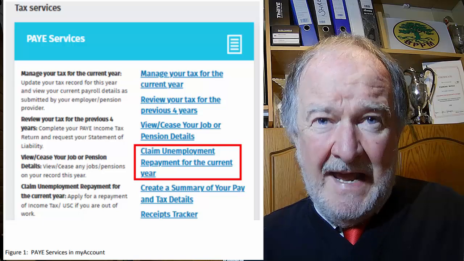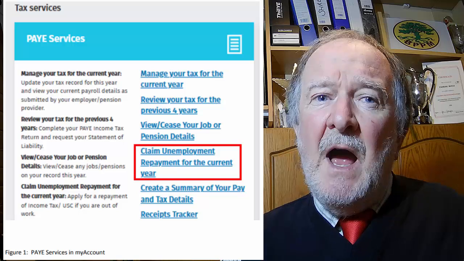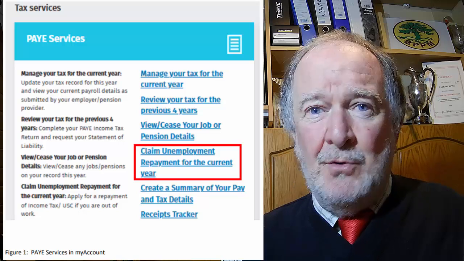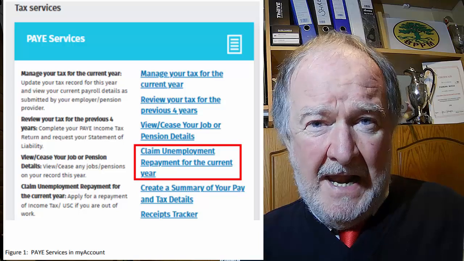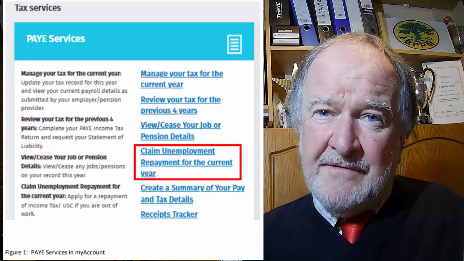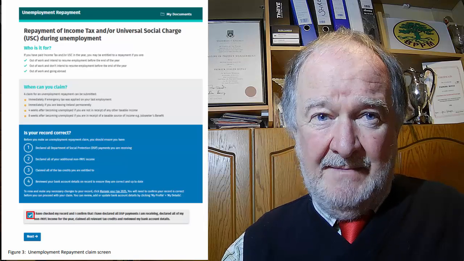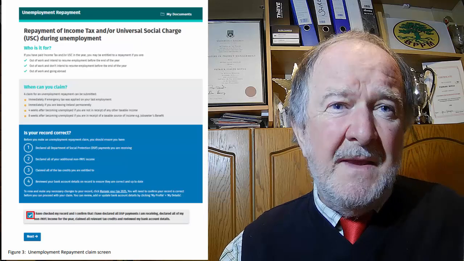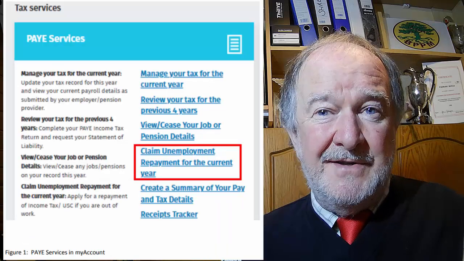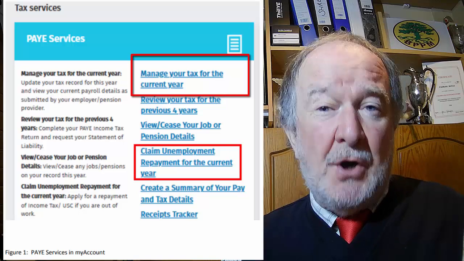Making a claim for unemployment repayment. When you select Claim Unemployment Repayment for the current year and no blocking rules have been broken, you will be brought to the claim screen, which provides information on who can claim and when it can be claimed. You should check that your records are correct. If any updates are required, you should select Manage Your Tax for the current year.